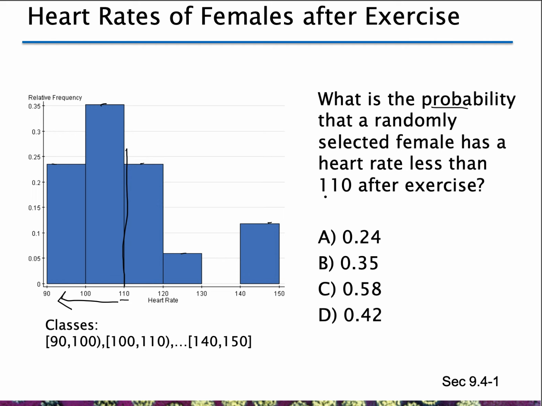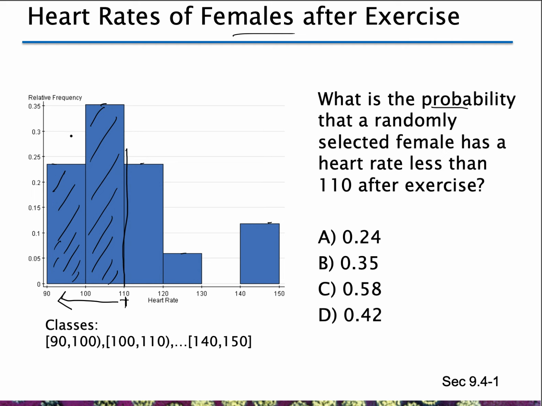They are asking us the probability that a randomly selected female has a heart rate, and that's the female data, so we don't have to worry about the male or female thing, less than 110. So we have to just find the area below 110. That will be this area and that particular area, right?